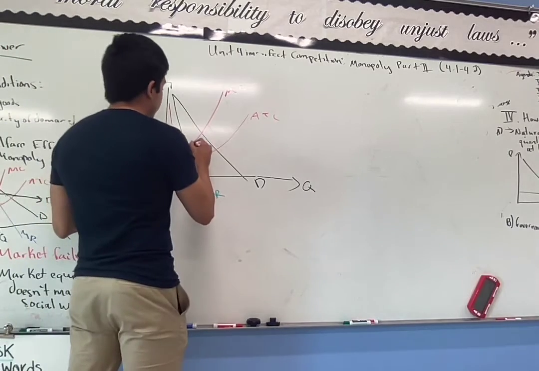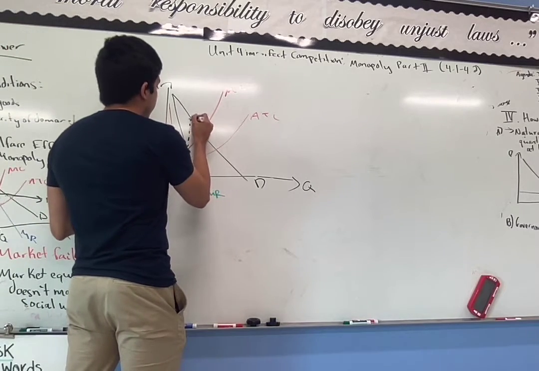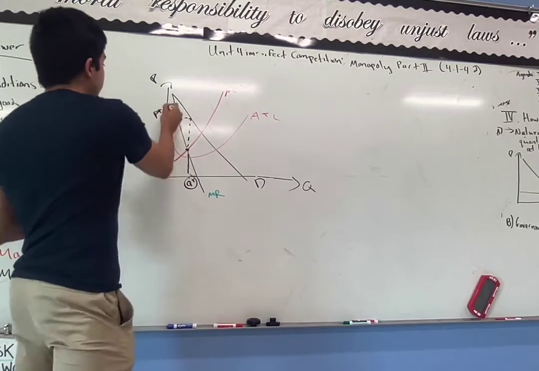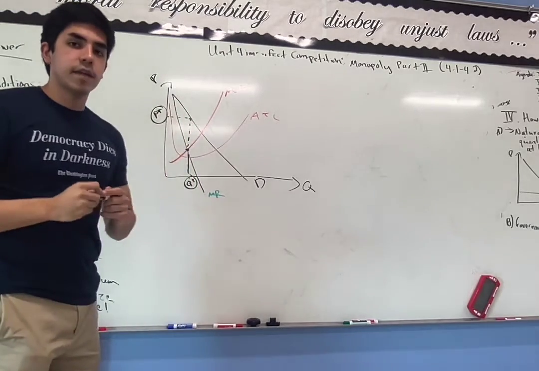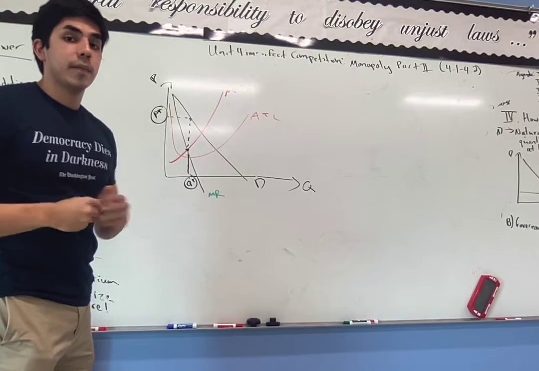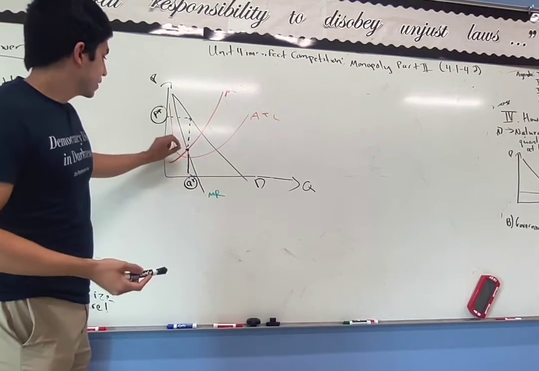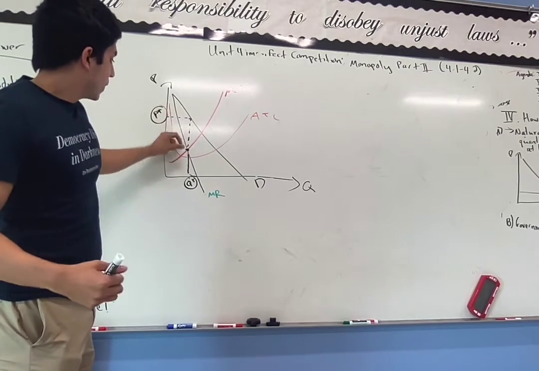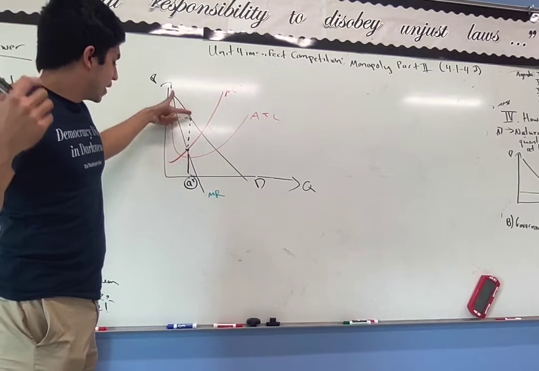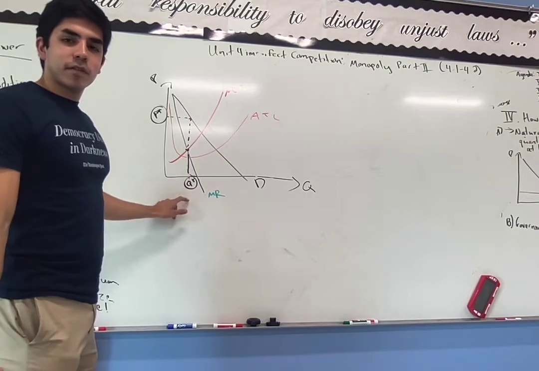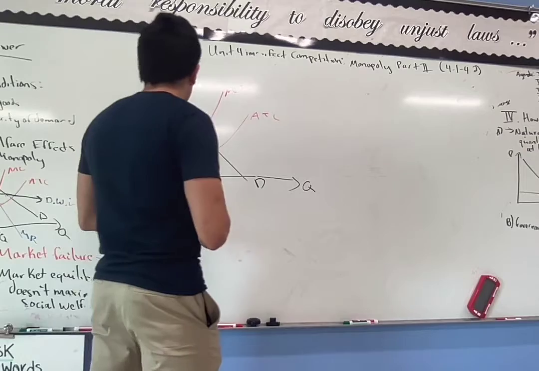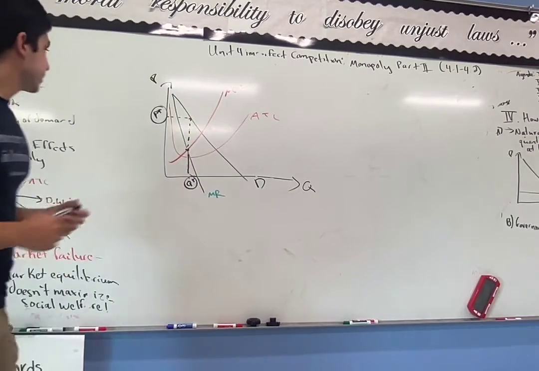Then from this, we can go to the demand curve, and from the demand curve, we can go across, and this becomes P star, the profit maximizing price, right? Some students started going across at the intersection, but no, because you can charge a higher price and still get the same quantity sold in the market, so you charge that higher price right here.